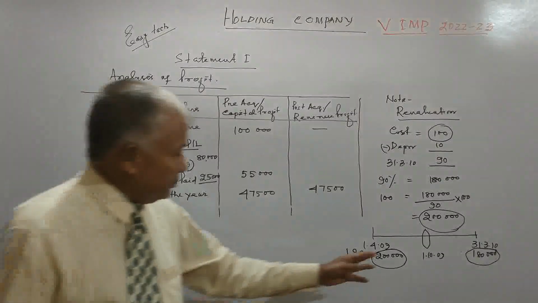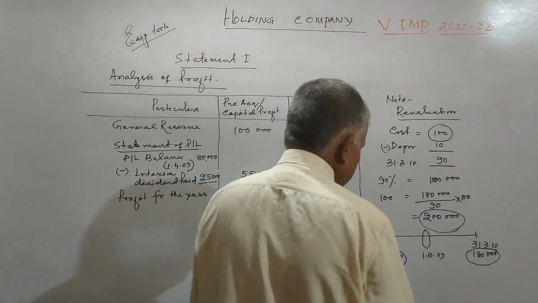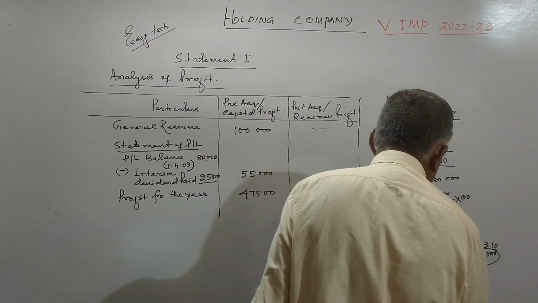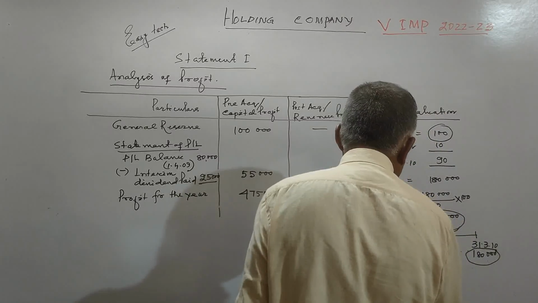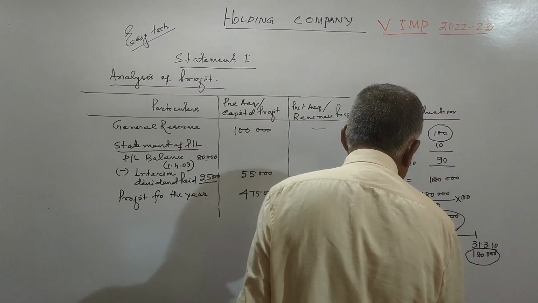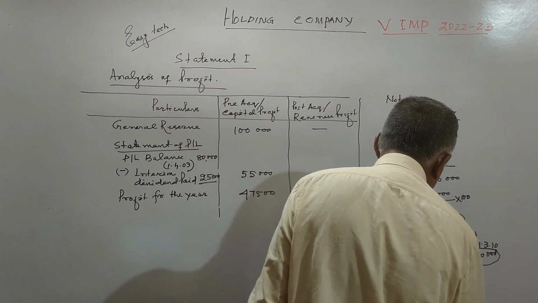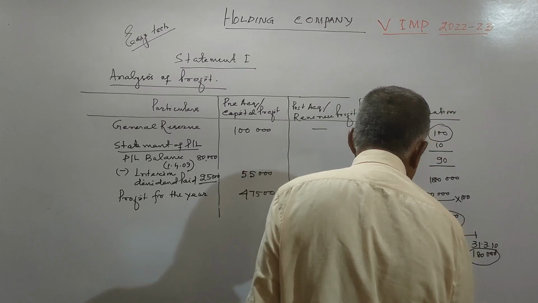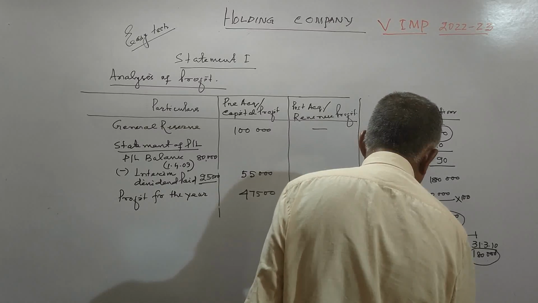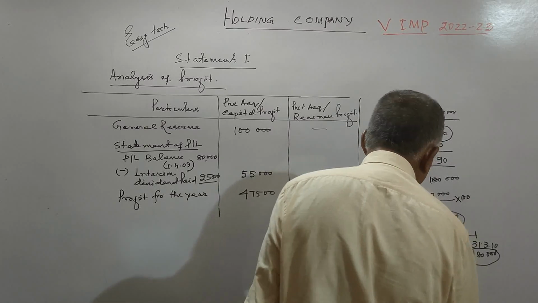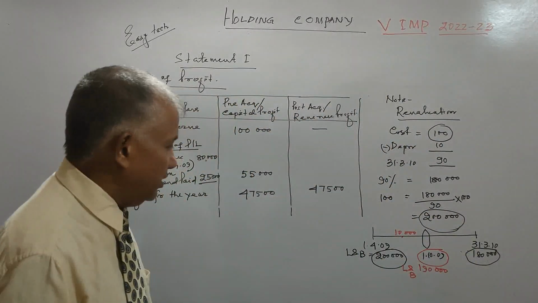So on the date of acquisition, 10,000 is the depreciation here. So as on the date of acquisition, the book value of land and building is 1,90,000.